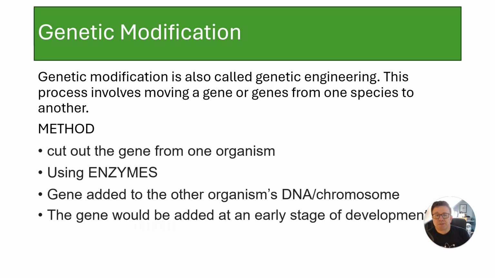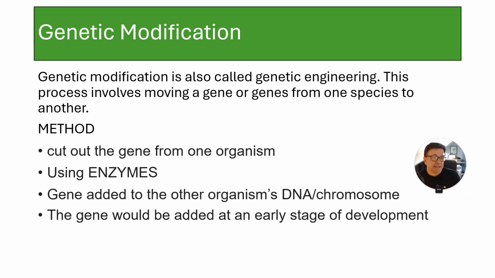Genetic modification, genetic engineering: again, they could give you some data or information. You do need to know the method. They cut out a gene from one organism using enzymes. You don't need to name the enzyme. Then the gene is added to other organisms' DNA or chromosomes, at an early stage of development.